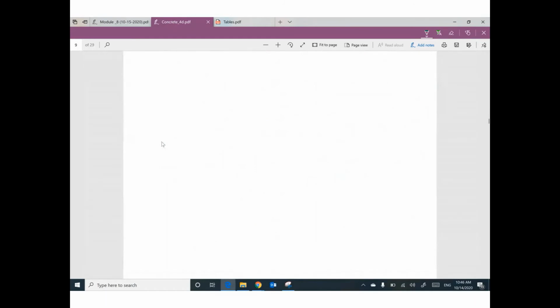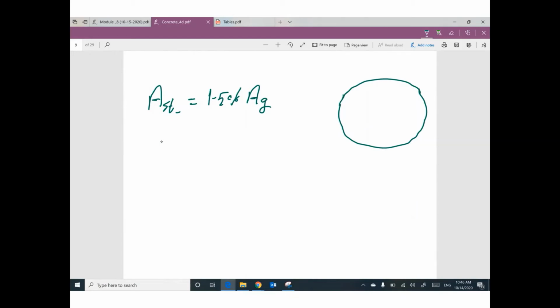Area steel. Do you remember? 1.5% of area gross. Your column right now is 16-inch. So your area steel will be 1.5 divided by 100, which is 0.015, times area gross, π divided by 4 times 16 squared.